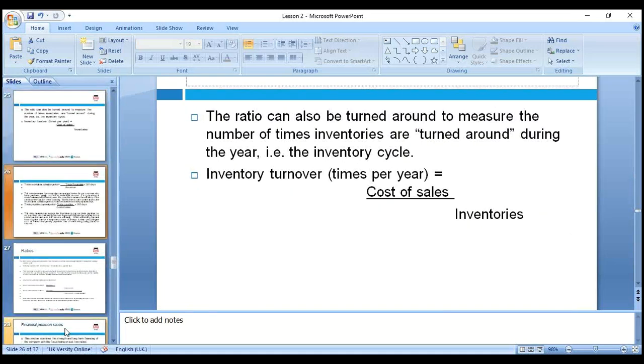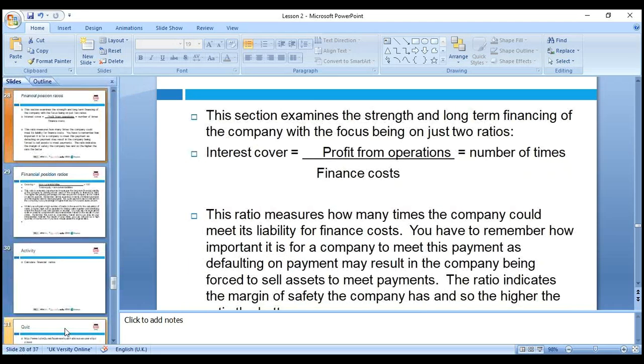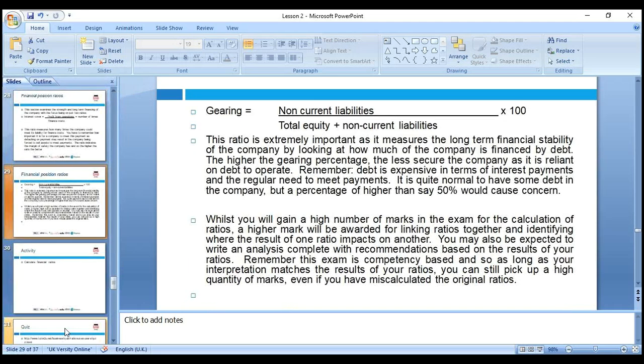Main thing, we need to use the formula, and we need to interpret. We are not accountants, but we are managers who interpret the information and how we can use it in decision making. Any question here?